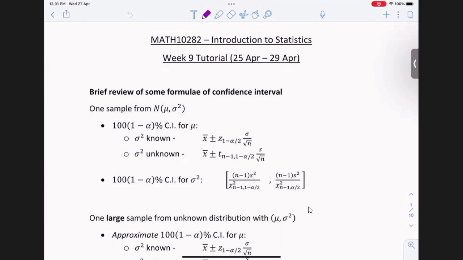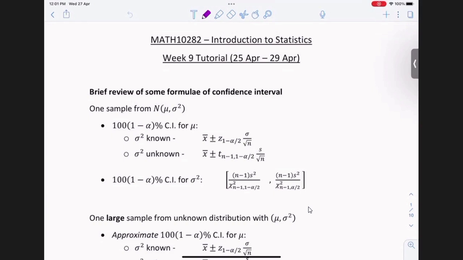So to recall what you have just learned right before the spring break, here is a summary of some formulas that are commonly used for calculating confidence intervals. And there are different scenarios. Under different scenarios, according to what information we have, we need to use different formulas.